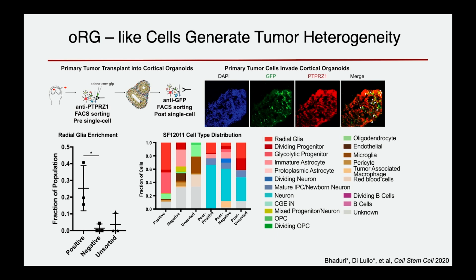And in both cases, as well as in the unsorted tumor, we saw that there was an evolution of cell types over time, where the three left bars show you the composition of the input. And then after several weeks in culture, when we isolated the GFP positive cells, we were able to see a shift in identity that in this case was preserved across all of the three states, suggesting that there may be these distinct progenitor populations.